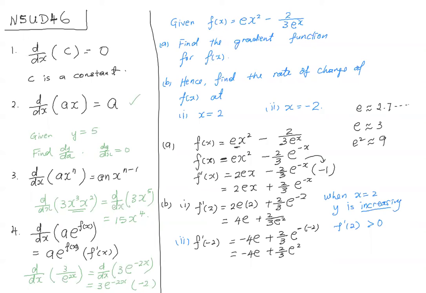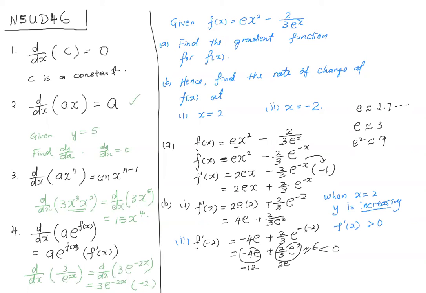So will it be positive or negative? I think it will be negative, because 4e is approximately 12, and 2 over 3e squared is approximately 2 over 27, a very small number. So this whole thing is approximately negative 12. Yes, so you got less than 0.